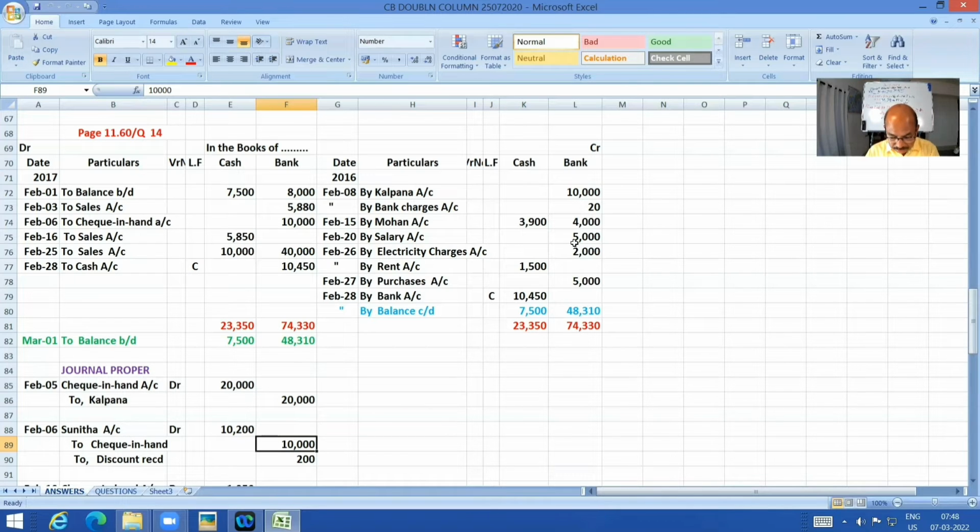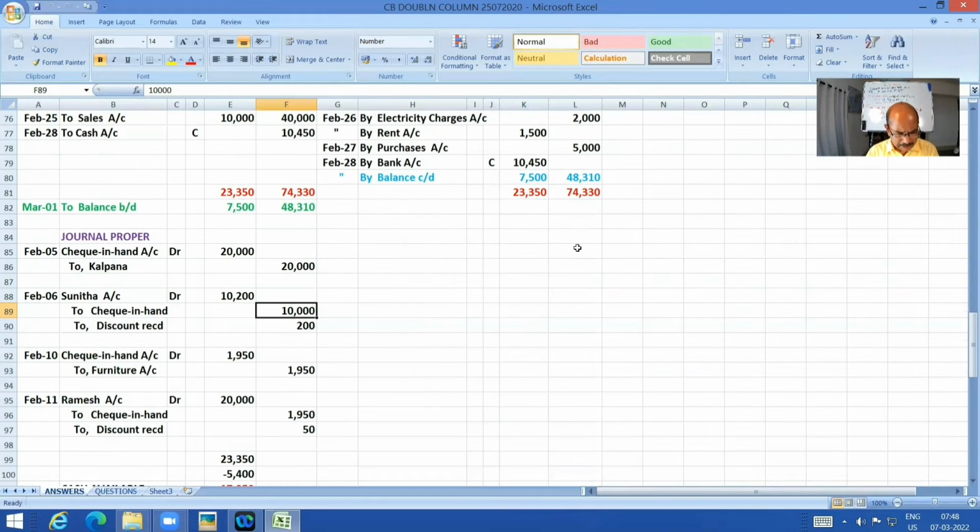Now, received a check from sale of old furniture, 1,950. Okay, I'm not showing it on this day in the cash book because the cashier or banker has not seen it. Fine.